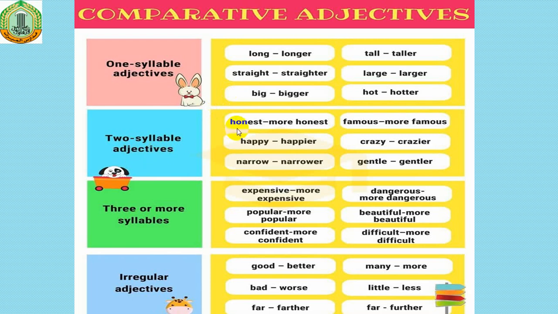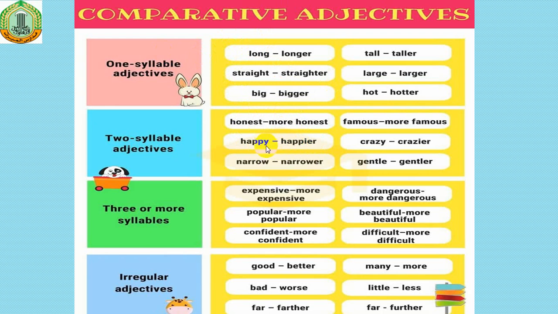Two-syllable adjectives: honest, happy, narrow, famous, crazy, gentle. We have two syllables here. In this case, we either add er or more depending on the word. For example, honest, we can't say honester, we rather say more honest. Happy becomes happier.